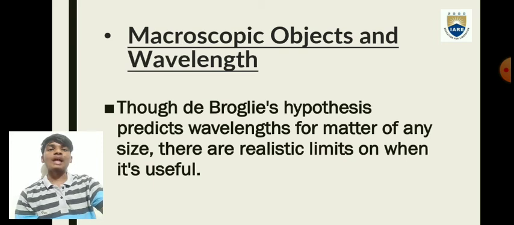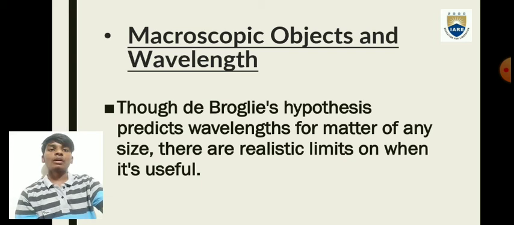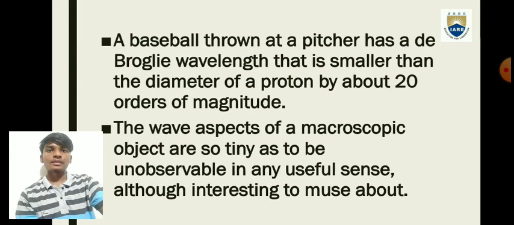Macroscopic objects and wavelength. Though the de Broglie hypothesis predicts the wavelength of matter of any size, there are realistic limits on when it is useful.